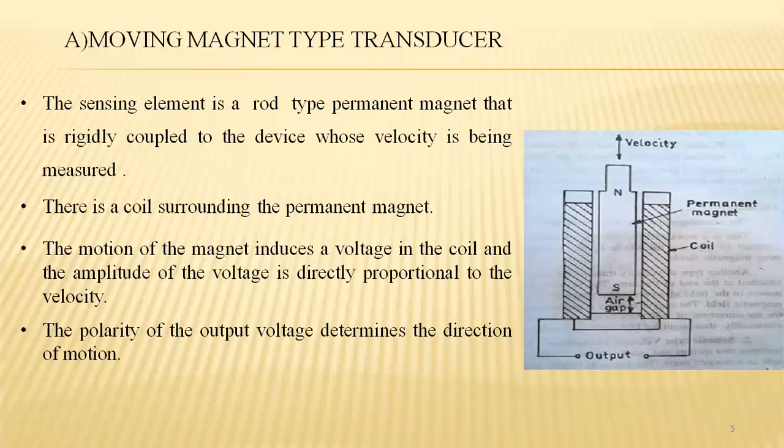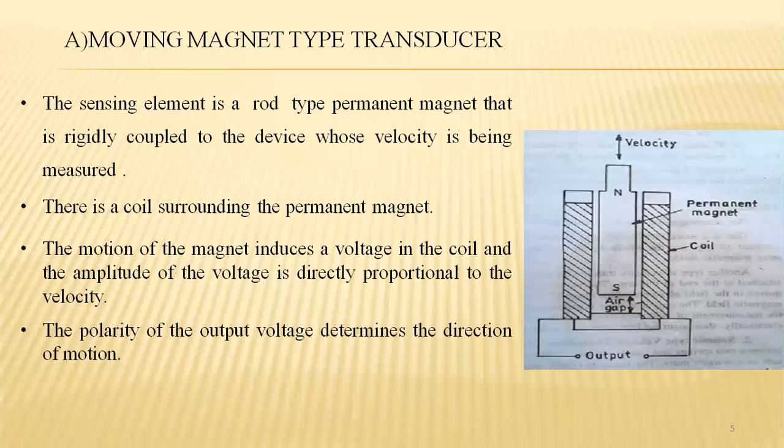Here, the position or motion of the magnet induces the voltage in the coil, and the amplitude of the voltage is directly proportional to the velocity which we need to measure or capture in the measurement sector.